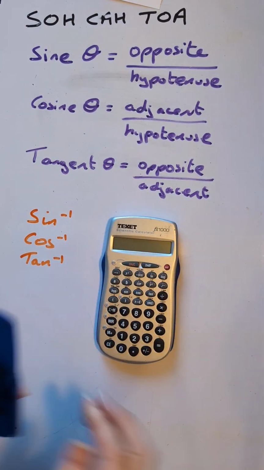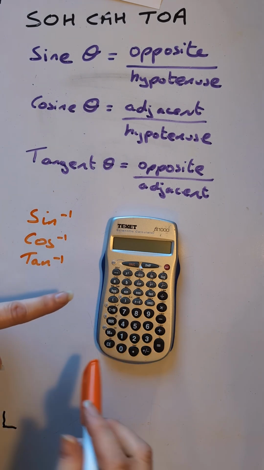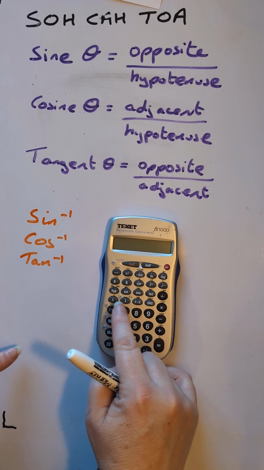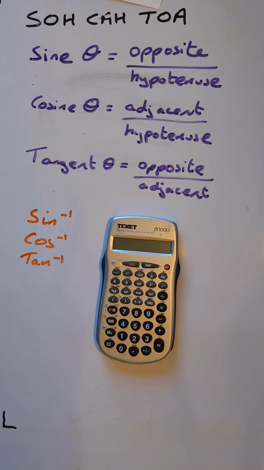Again, you can see here I've got sine, cosine, and tangent, and I need to press my second function to get the inverse of the sine, the cosine, and the tangent. Sometimes it's mode or inverse or select. It depends on your calculator, and this is why I say you really need to get comfortable with the calculator you will use in the exam itself.